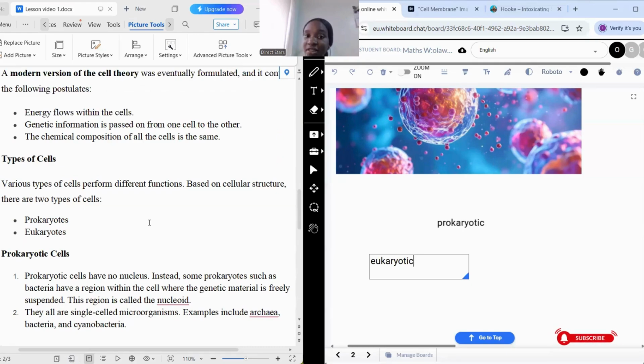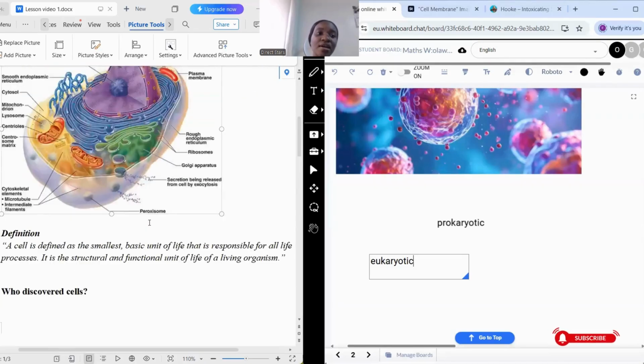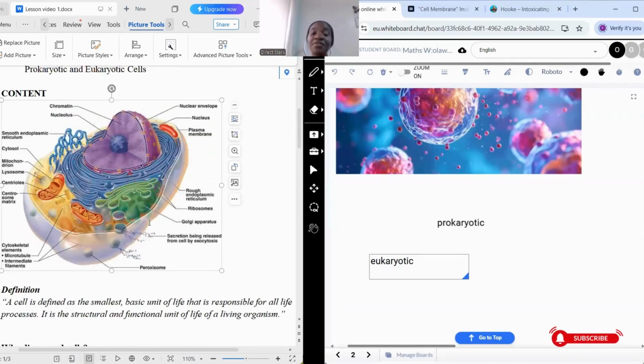They have a nucleus and they have more organelles than you will find in prokaryotic cells. This is what a eukaryotic cell looks like. You can see it's more definite, it's more filled up with organelles. You can see the nucleus here is distinct.